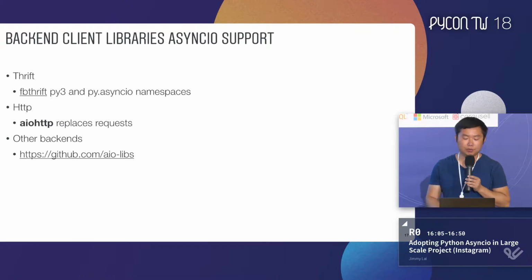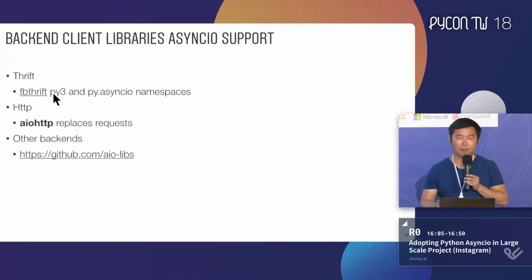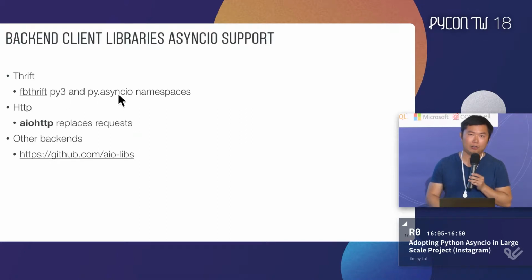The first thing we need to do is make sure all the backend clients have async I/O support. We mentioned we use Thrift. For Thrift, we have open source FB Thrift. You can compile an async I/O supported Python client by using the py3 or py.asyncio namespace.